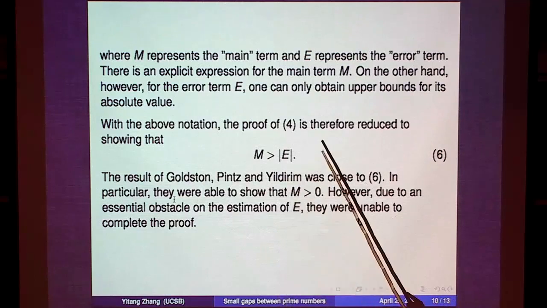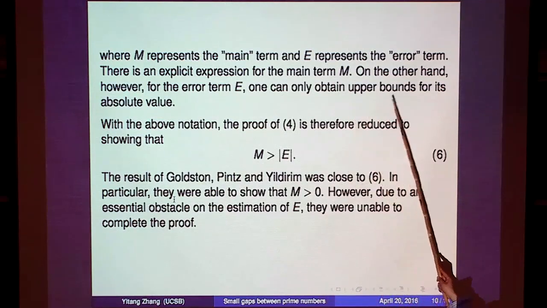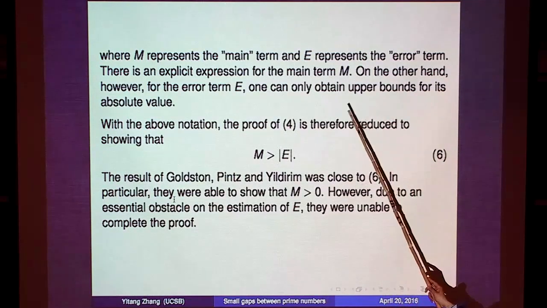Here, the capital M, my words could be a little rough, represents the main term for the sum. But we cannot avoid errors, because the distribution of prime numbers is very irregular. So we always have some errors. Then E represents the error terms.